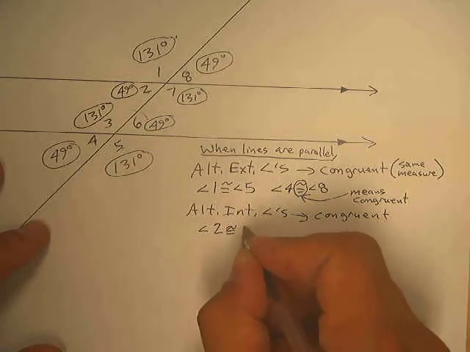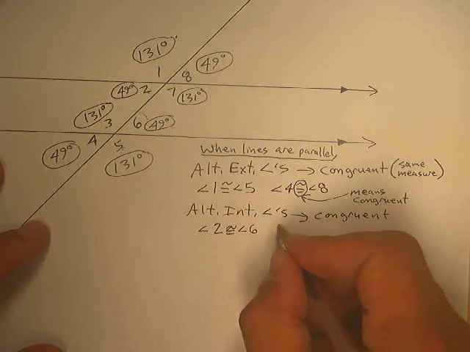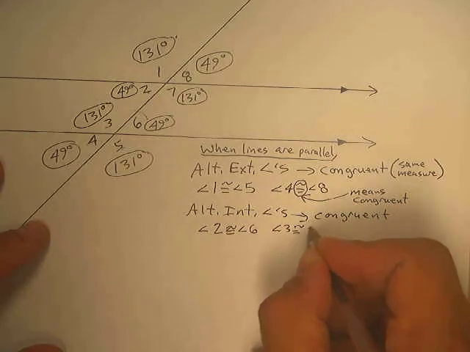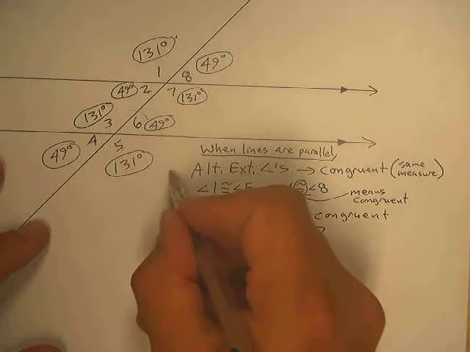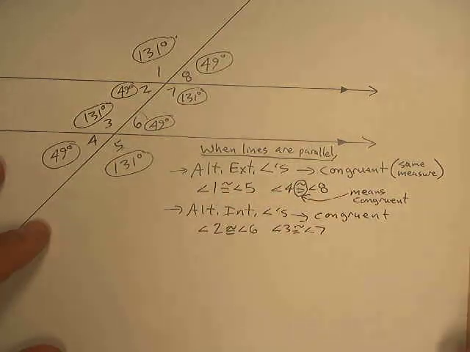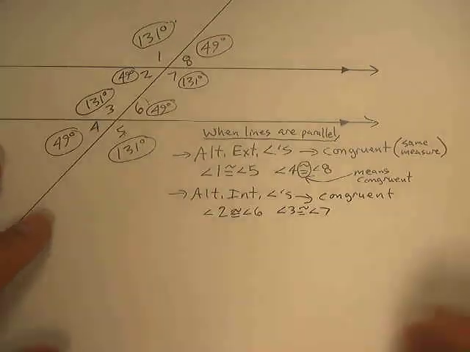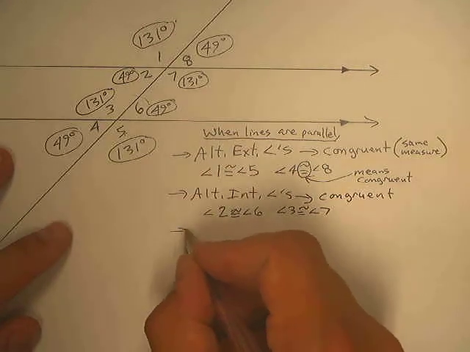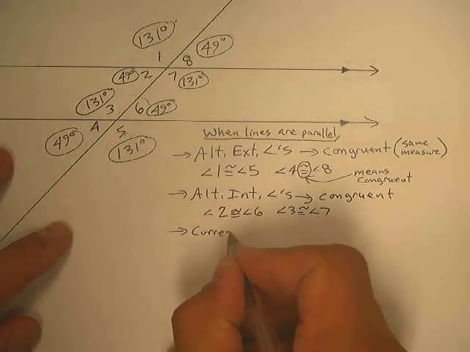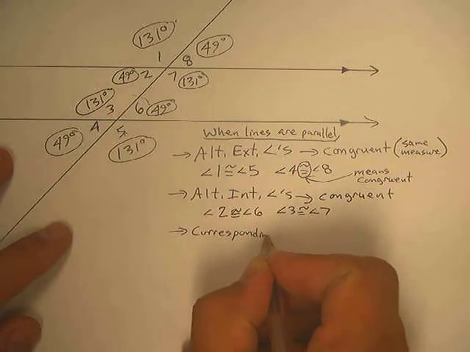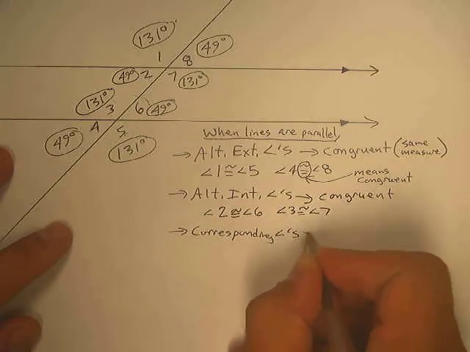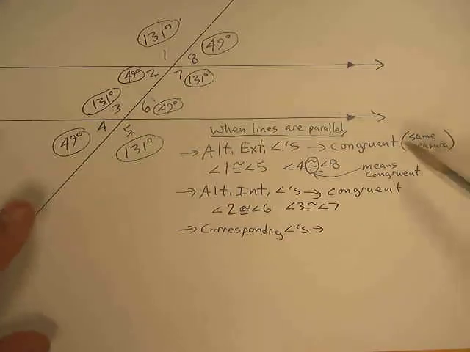So it looks like they are also congruent. Angle 2 is congruent to angle 6, and angle 3 is congruent to angle 7. All right, so we've got 2 of the angle pairs out of the way. 4 more to go, right?